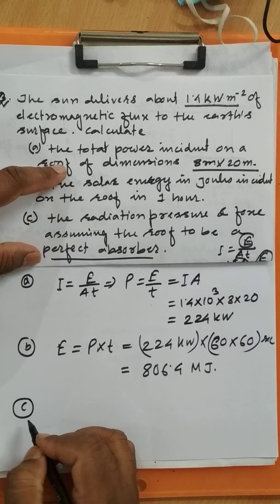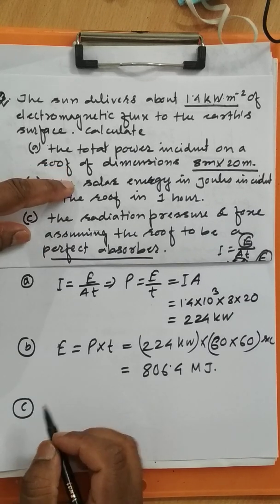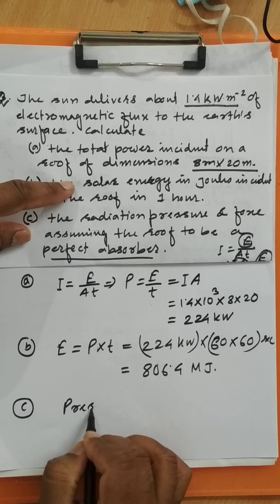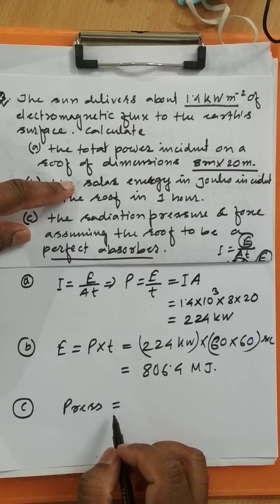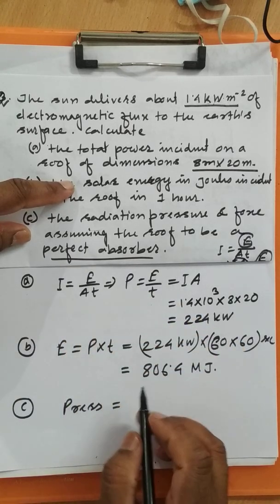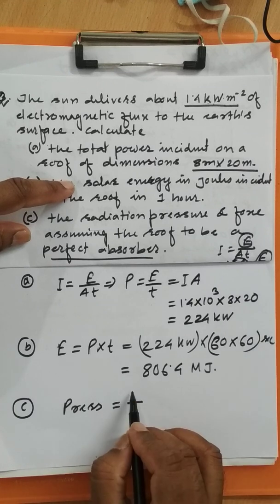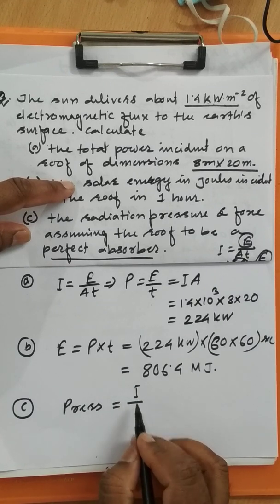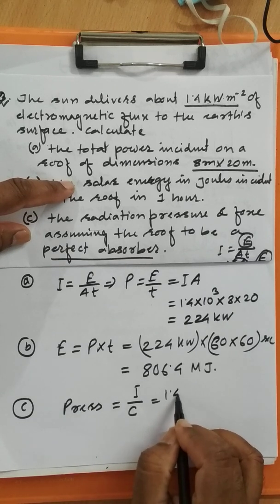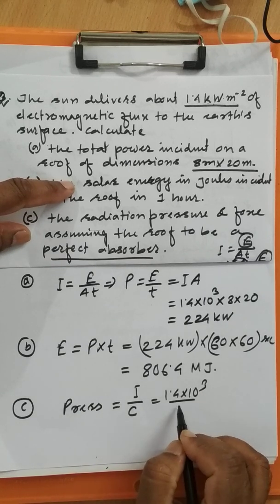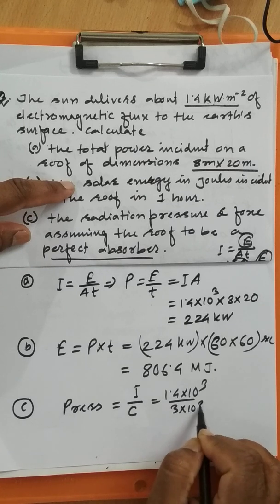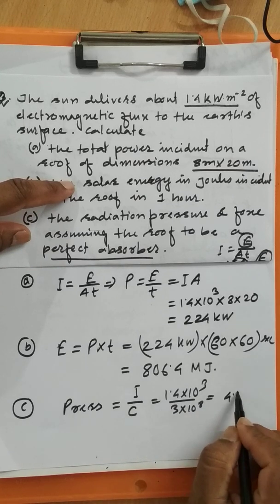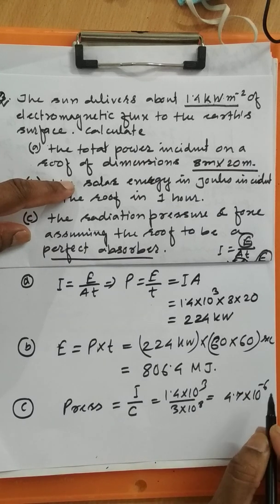Number C, the radiation pressure for what surface? Assuming the roof to be a perfect absorber. For a perfectly absorbing surface, radiation pressure is nothing but I by c. You have the value of I, you have the value of c, you got your answer: 4.7 into 10 to the power minus 6 Newton per meter square.